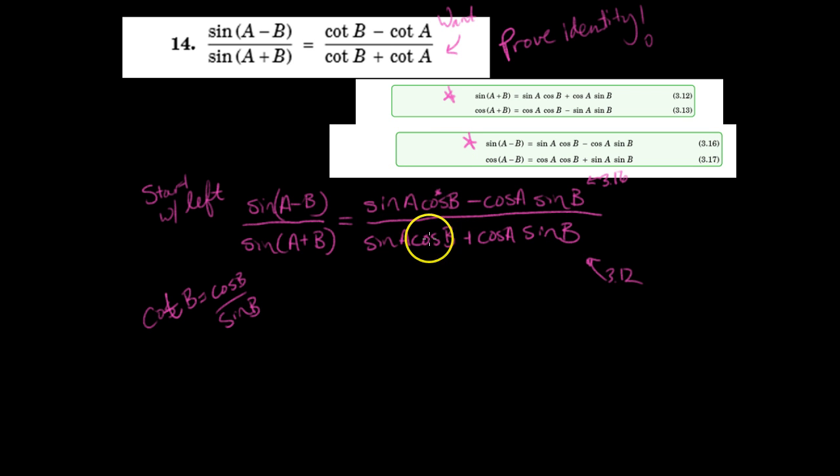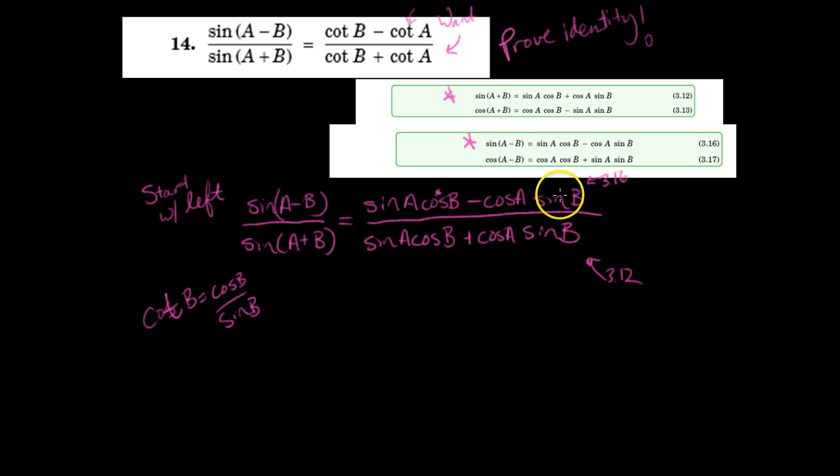I need a sine B underneath. So maybe if I divide this first term by sine A sine B, that would cancel out the sine A's. Do you see what I mean? And that might work for everything else. If you want cotangent A for the second term, you need cosine A over sine A.